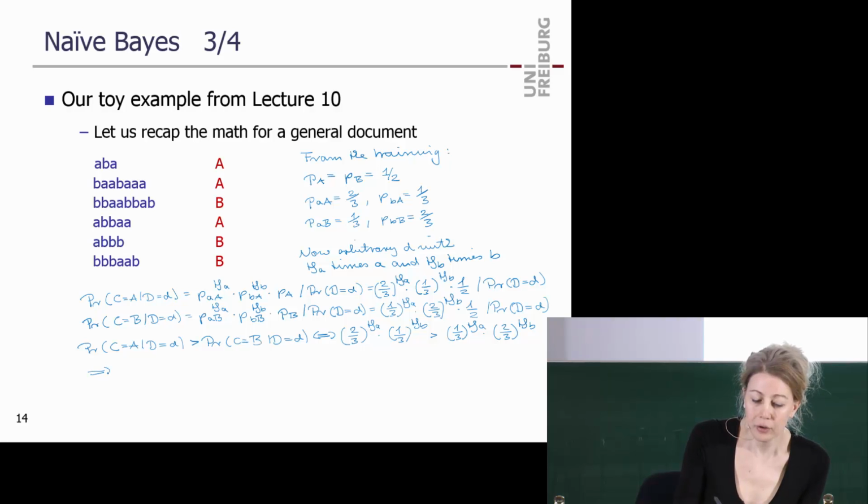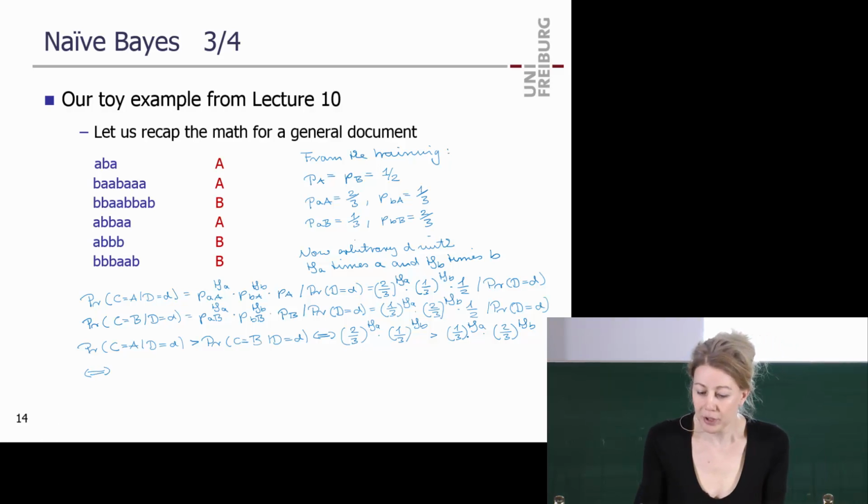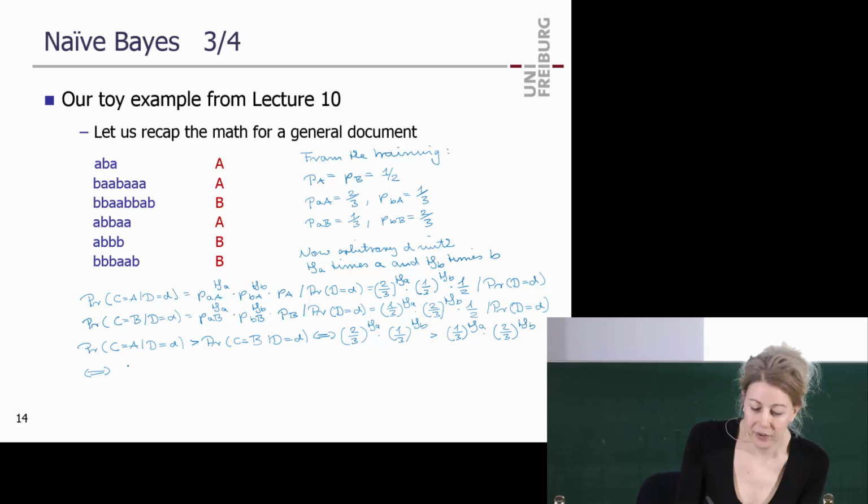And now it's a very simple computation. I can just bring the 2/3 to this side, so it's dividing by this, which means it's 2/3 to the TFA minus TFB greater than 1/3 to the TFA minus TFB.